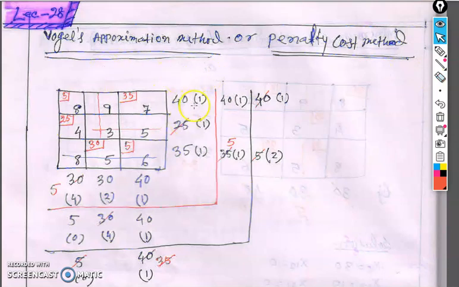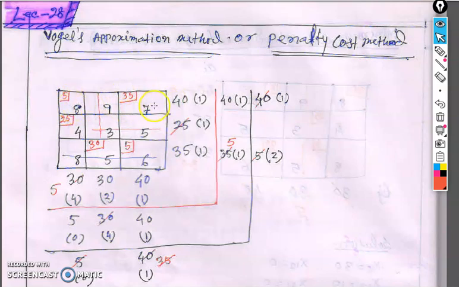So this represents the penalty. The question is how can I calculate the penalty? It's very important. The same problem we solve using the Vogel approximation method. First we recognize here the least cost is 7. If we remove the first 7, the remaining least cost is 8.